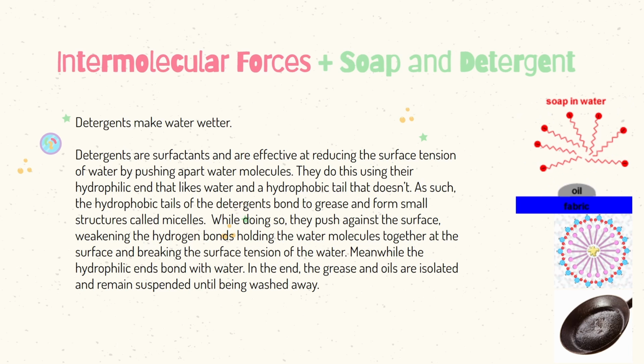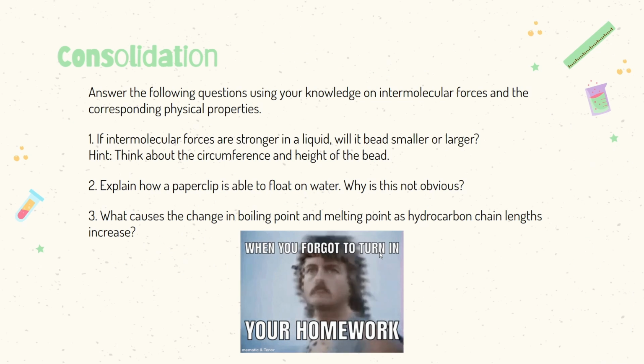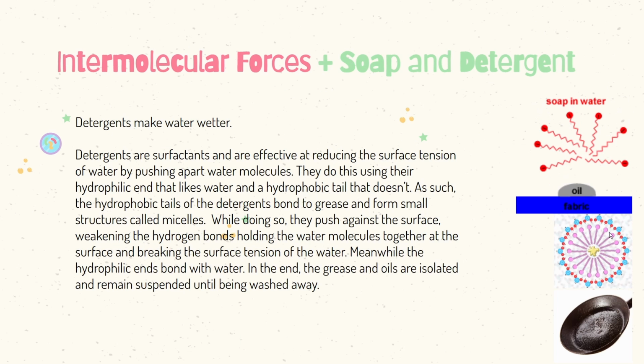These tails are able to bond to grease and form small structures called micelles, which you see in this drawing. The detergent structures surround the grease and form a micelle.